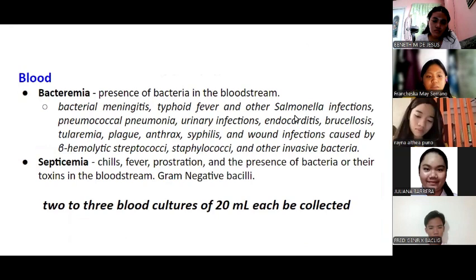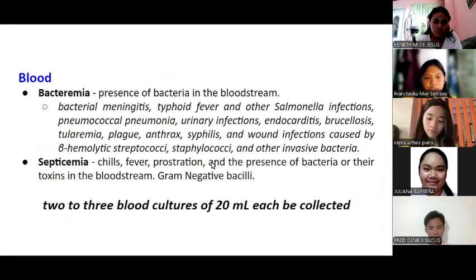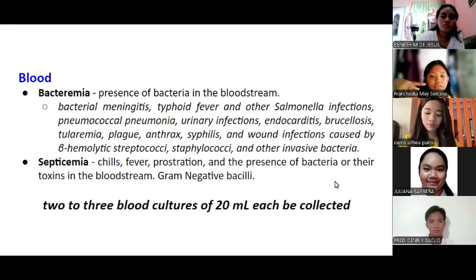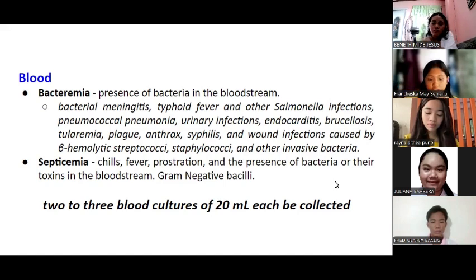Bacteremia is the presence of bacteria in the bloodstream. Septicemia is the presence of bacteria or their toxins in the bloodstream, such as gram-negative bacilli that cause chills and fever.